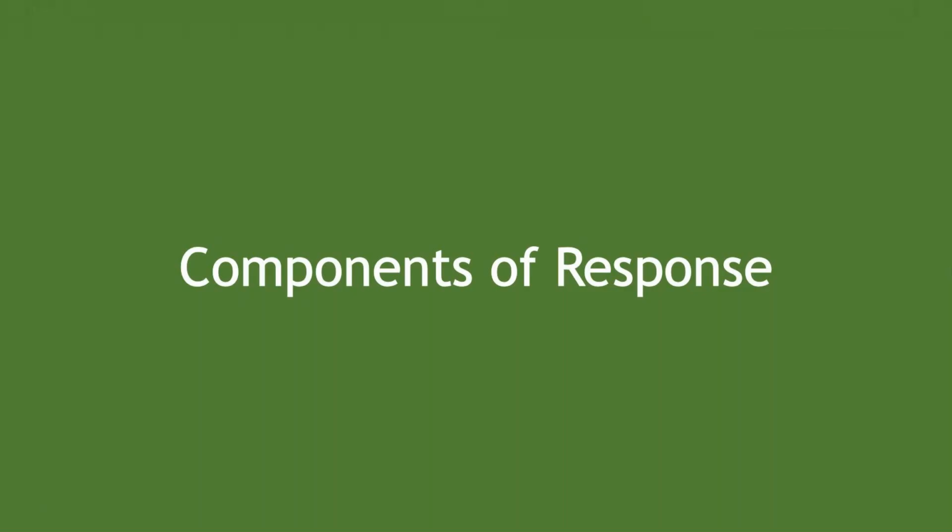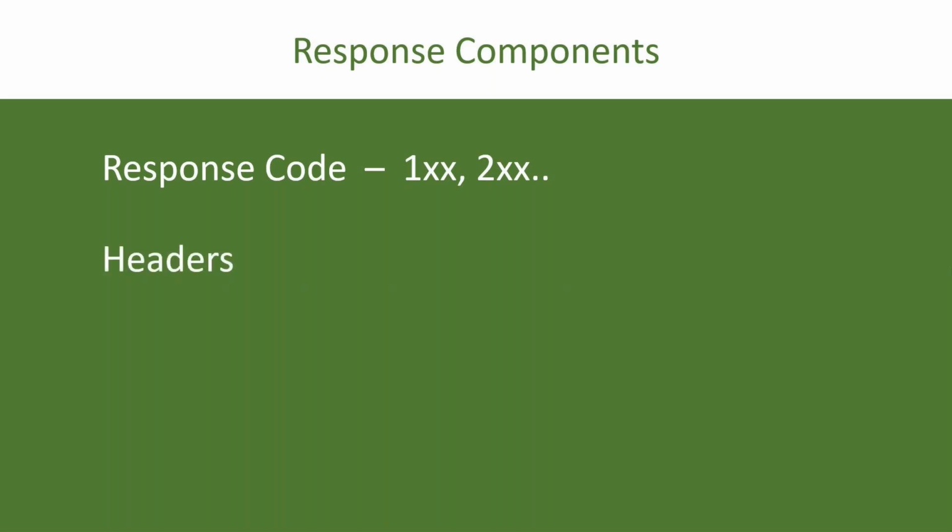Similarly, like how we have request components, there are response components. The first component is the response code, which we just saw, that has different series, and even the response will have certain headers and then the body.